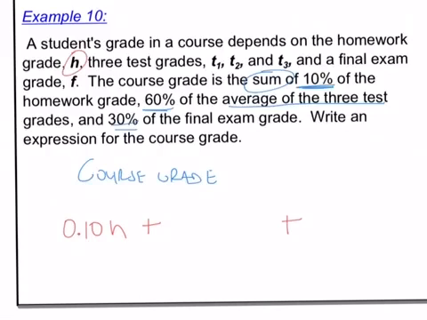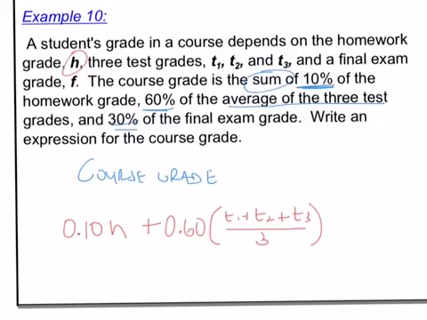The second part of your grade is 60%, so I'm going to write 0.60, and it's the average of the 3 test grades. So to do the average of the 3 test grades, I'm going to get rid of that addition sign for right now because I'm going to need a little more room. The average of the 3 test grades, you would add all of them up, T1 plus T2 plus T3, and you're going to divide by 3 because there are 3 tests.